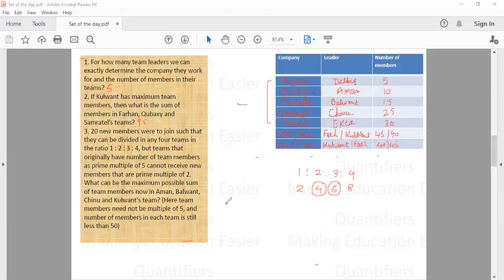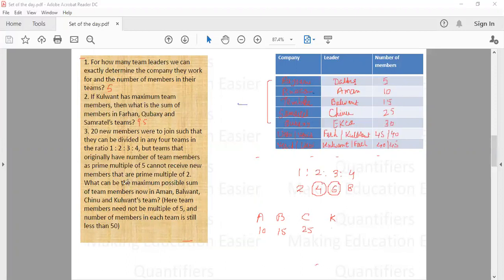The question says, what can be the maximum possible sum of the team members in Aman, Balwant, Chinu and Kulwant's team? So up to this point Aman's team has 10 members, Balwant's team has 15 members, Chinu's team has 25 members and Kulwant's team has either 40 or 45 members.